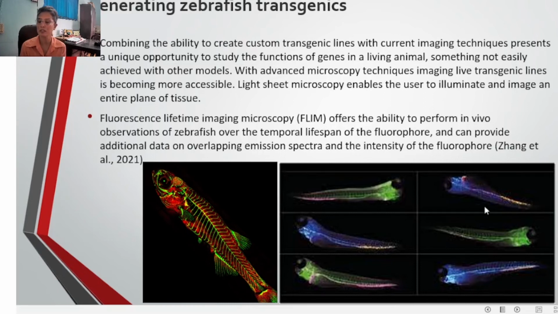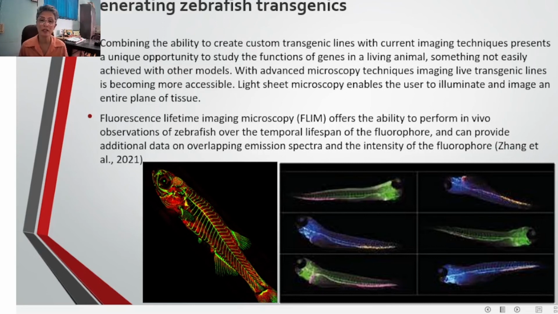Through this type of microscopy system, we can visualize each and every developmental aspect, each and every system in its developmental phase. So it can provide additional data on overlapping emission spectra and the intensity of the fluorophore also.